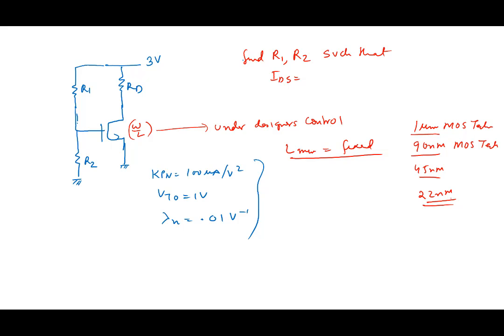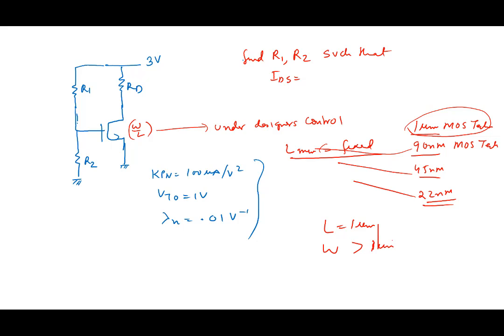Different kinds of technologies are available. What the 22 and 45 refer to is the L minimum that is possible in this technology. If I'm using a 1 micron MOS technology, the minimum L that I can use is 1 micron. W, I can choose anything above 1 micron.